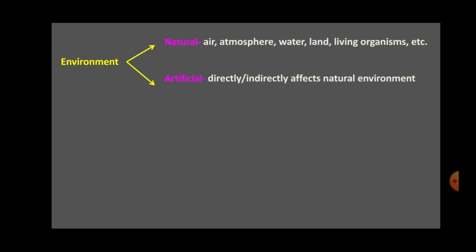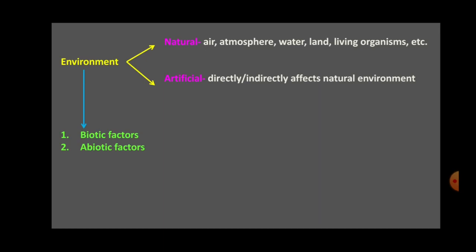Artificial consists of plant or animal species outside their natural habitat. When you manually create it, it directly or indirectly affects our natural environment. So these are the two main types. Let's see what we have next.